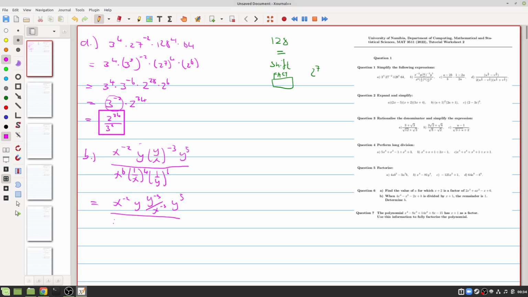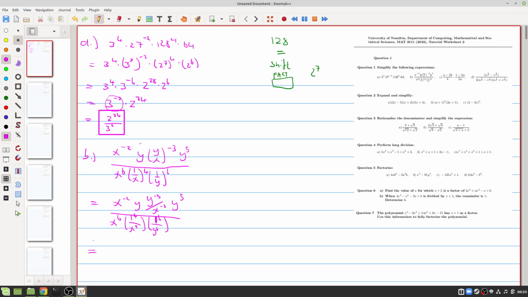All of that over x to the power 6, and then we've got 1 to the power 4, so that's just 1, because 1 to the power anything is just 1, but let's write the 4 in for now. 1 to the power 4 over x to the power 4, and then 1 to the power 6 over y to the power 6.